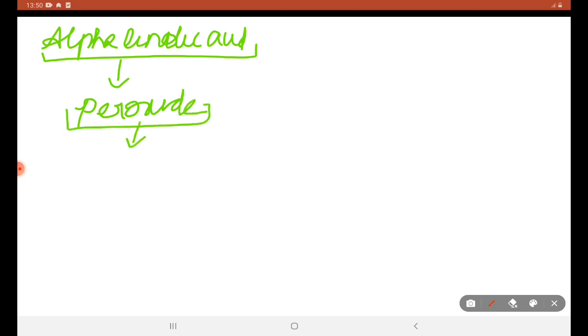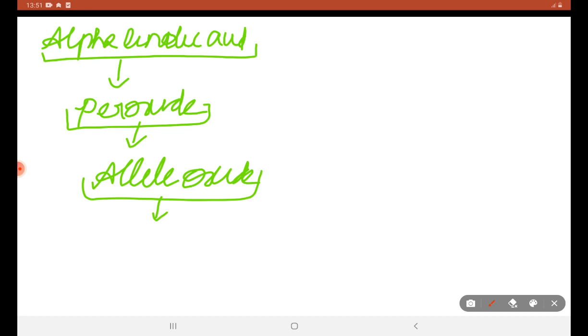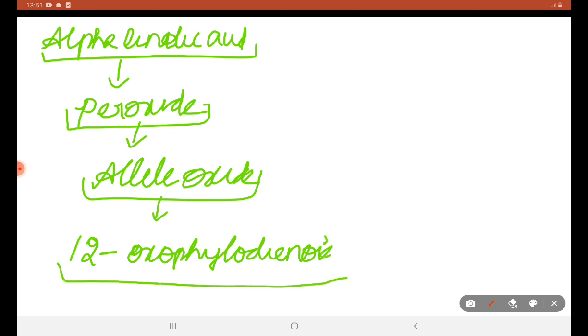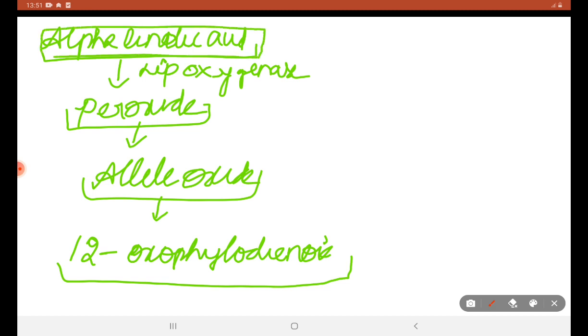Peroxide is converted to allene oxide. Allene oxide is converted to 12-oxo-phytodienoic acid. The enzyme responsible for conversion of alpha linolenic acid to peroxide is lipoxygenase.